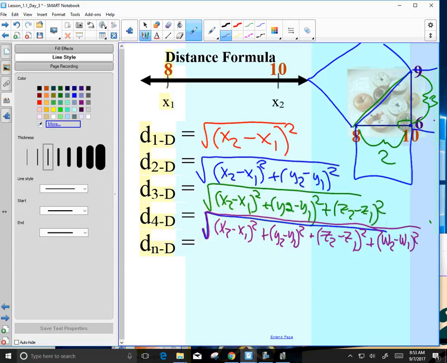No kidding, you could go as far as you want. They think that the universe might be either 9, 10, or 11 dimensions. 9, 10, or 11 of these to find the distance between 2 points.